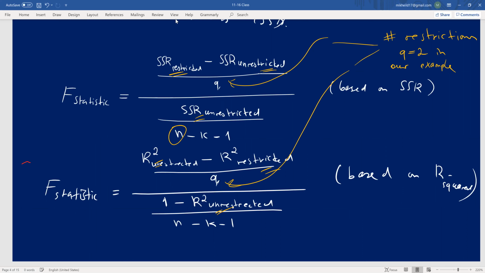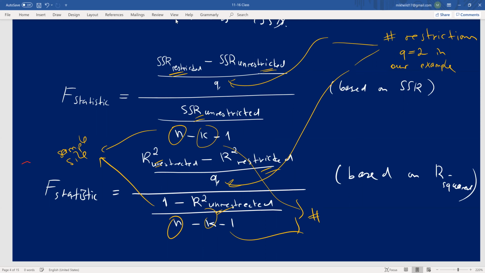So n is the sample size in both places. This k here and here, please remember, is the number of independent variables, or slope coefficients, because the number of independent variables coincides with the number of slope coefficients in the unrestricted model.